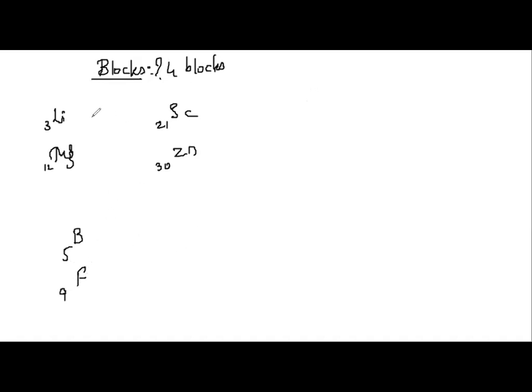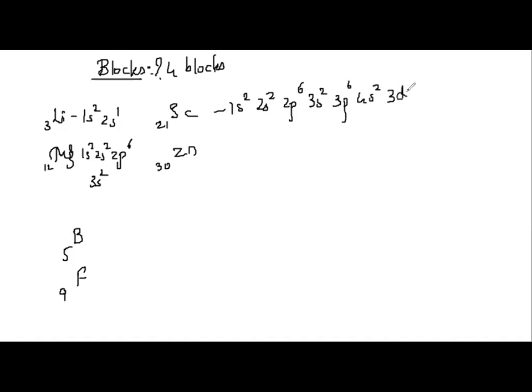Okay. So when you see these elements, for lithium, atomic number 3, it is 1s2, 2s1. Magnesium: 1s2, 2s2, 2p6, 3s2. Correct? Scandium: 1s2, 2s2, 2p6, 10 electrons, 3s2, 3p6, 18, 4s2, 3d1, 21.